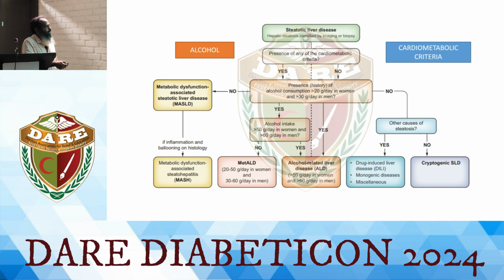Whenever there is significant alcohol intake as well as significant cardiometabolic risk factors, then it can be a combination of these two. So commonly what we see is whether the fatty liver is either because of metabolic dysfunction or because of alcohol. Sometimes we see it because of some other conditions, like infections, Wilson's disease, drug-induced, and other things, which are a rarity.